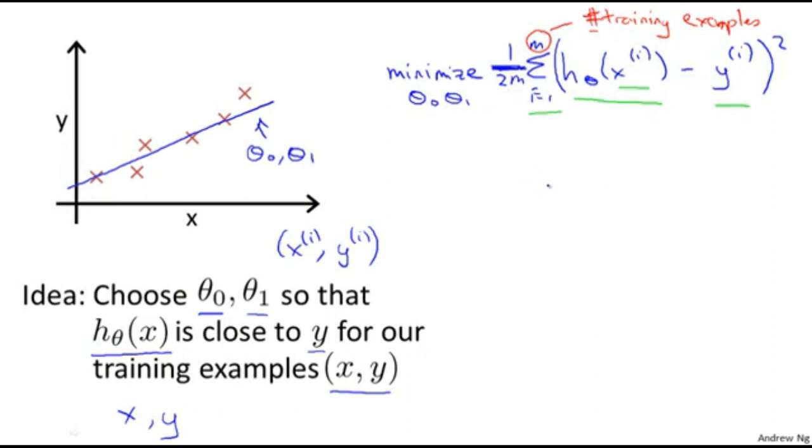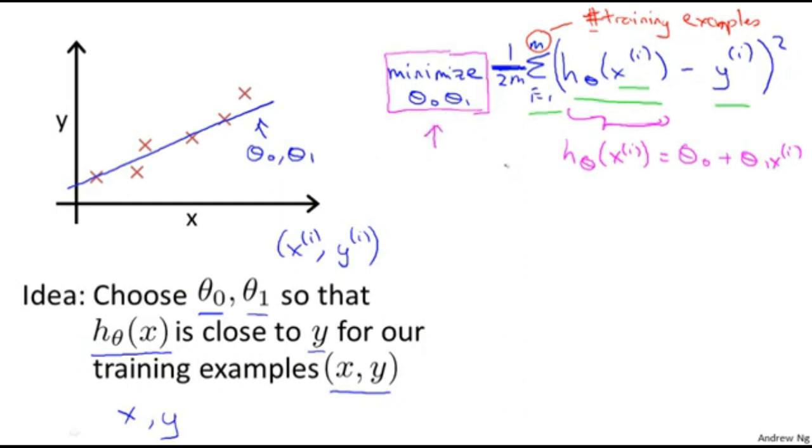And just to make sure this equation is clear, this expression in here, h subscript theta of x, this is our usual theta 0 plus theta 1 x i. And this notation, minimize over theta 0 and theta 1, means find me the values of theta 0 and theta 1 that cause this expression to be minimized. And this expression depends on theta 0 and theta 1.